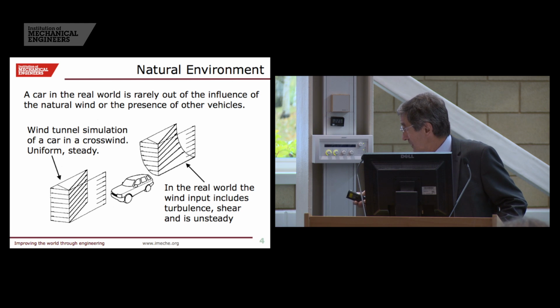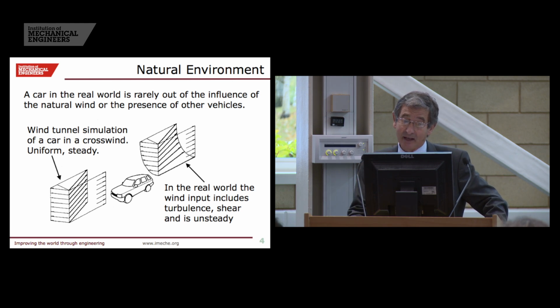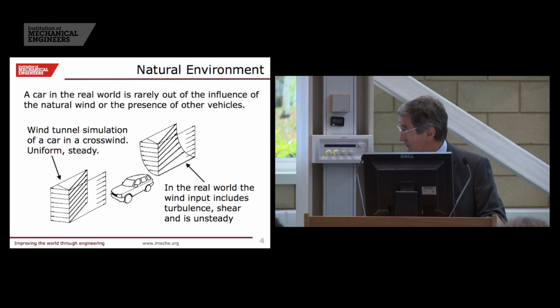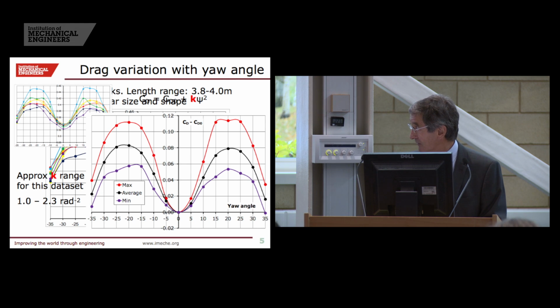It includes shear and is also unsteady. The vehicles also tend to be acting in the presence of other vehicles. And this paper is an attempt to quantify the penalty that we get from not including these effects of the natural wind.